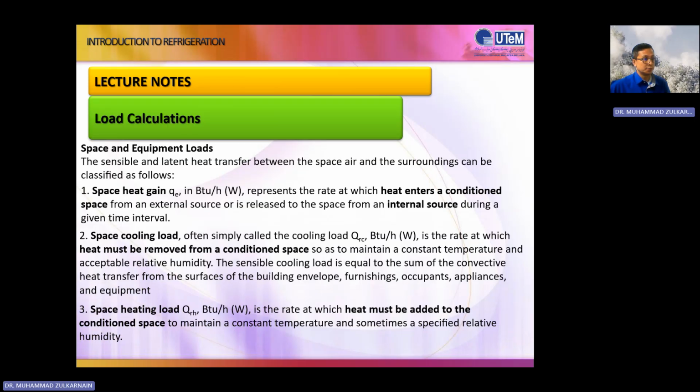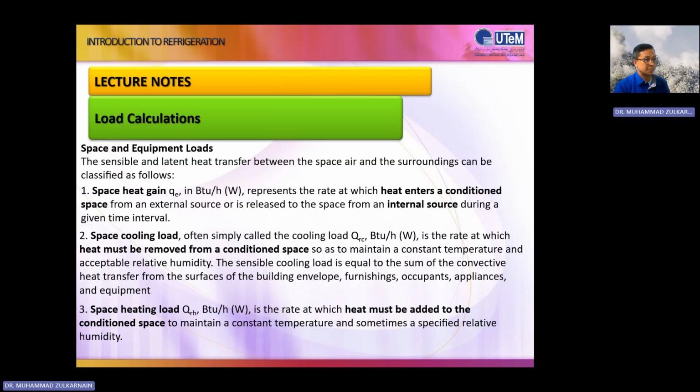We have the space heat gain, which represents the rate at which heat enters the conditioned space from an external source or is released to the space from an internal source during a given time interval. Another parameter for the cooling load is the heat gain.